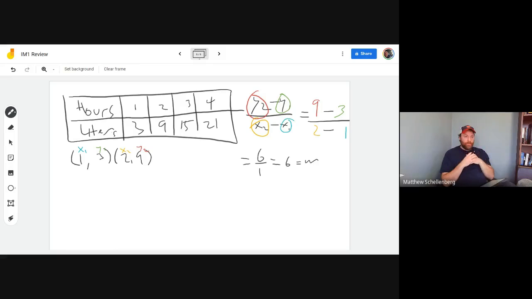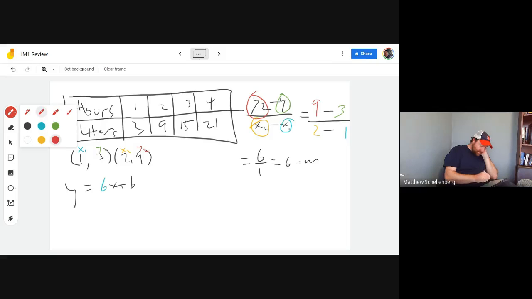But that's your slope. What's my y-intercept? It's tempting to say 3. But actually, that's after 1 hour, and we need the 0 in order to find the y-intercept. So if I have y equals mx plus b, and I know that m is 6, I plug in a point.